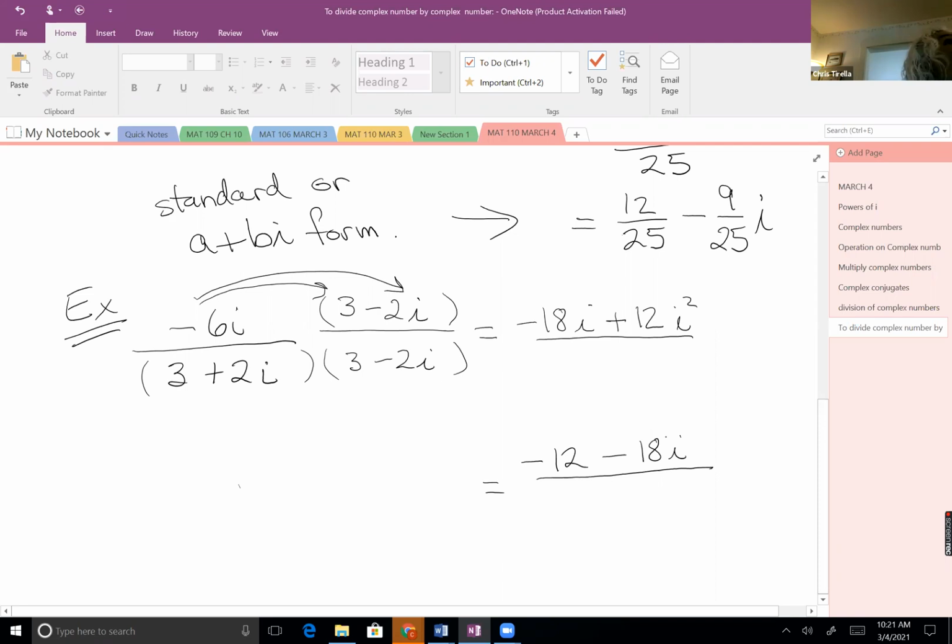In the denominator, because they're complex conjugates, because we're taking the product of the sum and difference, it's going to be that first term squared minus that second term squared, which is going to give me 9 minus 4i squared, which would be 9 plus 4.